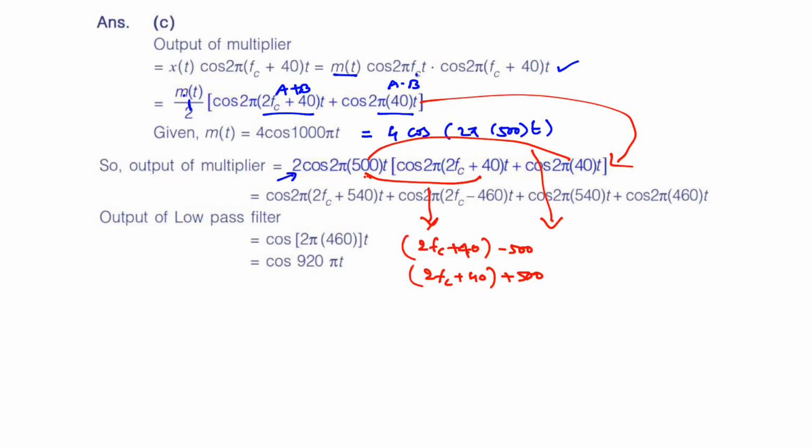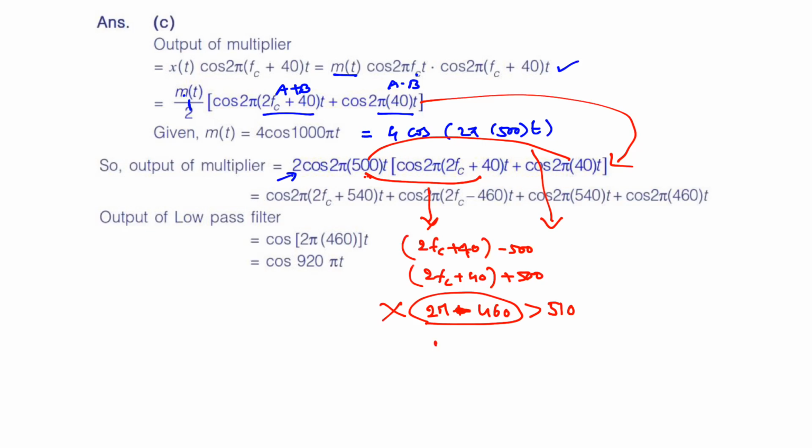Looking at the frequency components, fc is 1 megahertz, so this is 2 megahertz plus 40 minus 500, which is 2 megahertz minus 460. But 2 megahertz is very large, greater than 510, so no need to consider it.